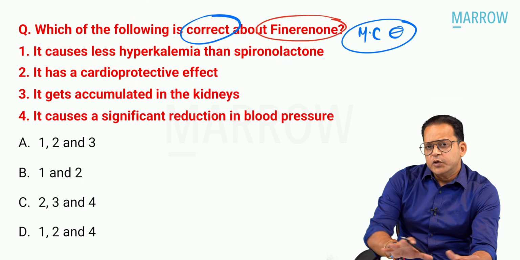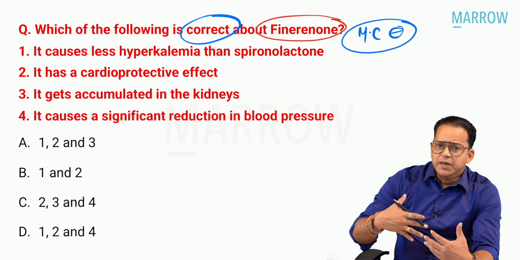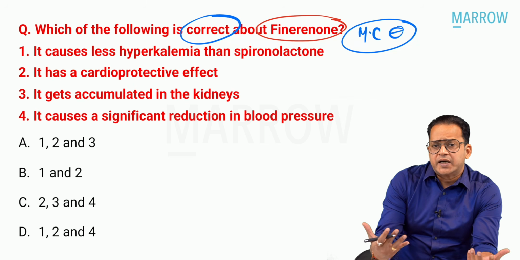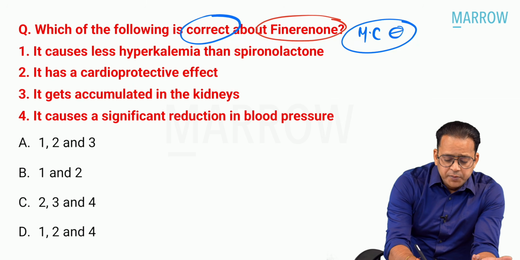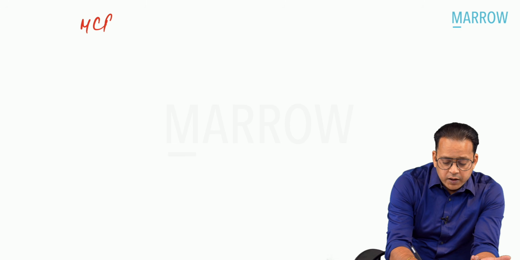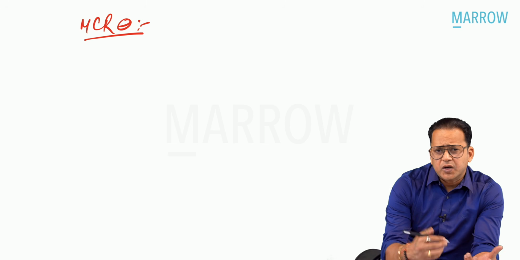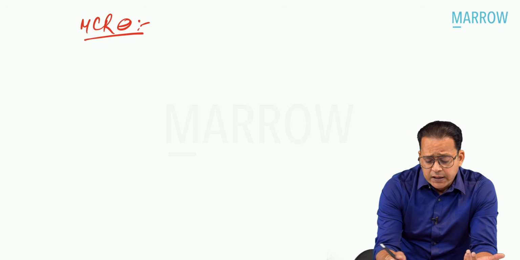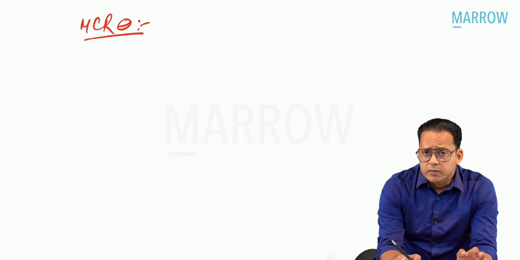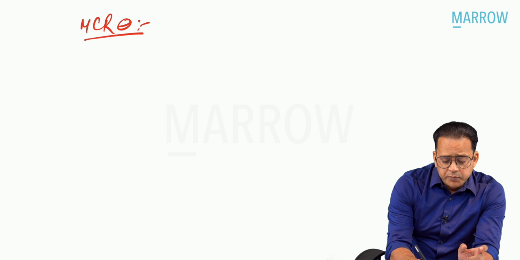Before I move ahead, let me tell you the story of how mineralocorticoid receptor antagonists were developed. The story behind the development of mineralocorticoid receptor antagonists, or aldosterone antagonists as we call them. The first drug that was developed was spironolactone, and we developed it from an androgen.